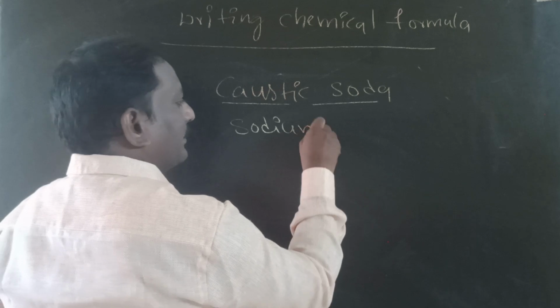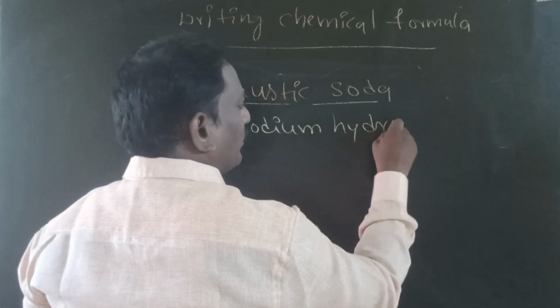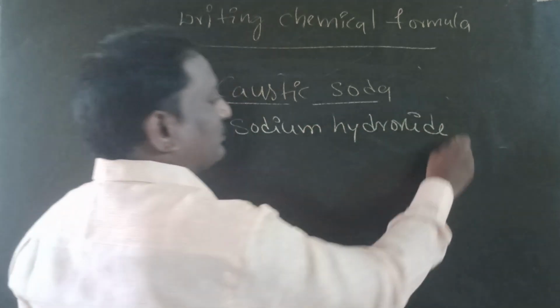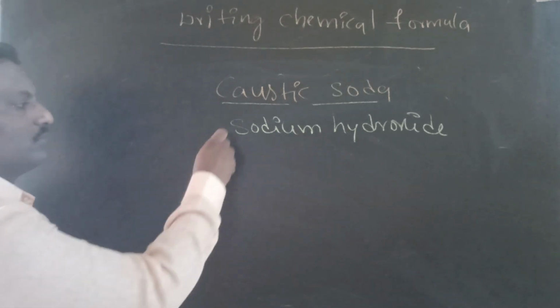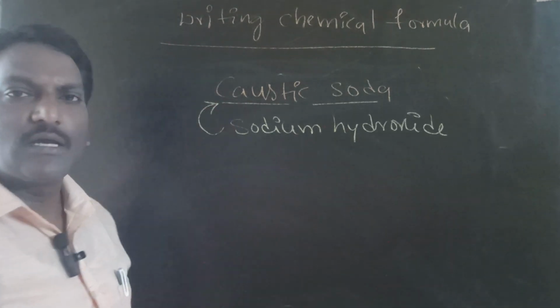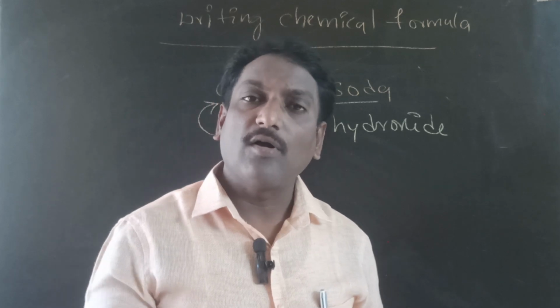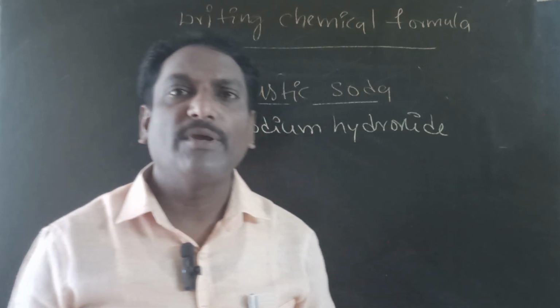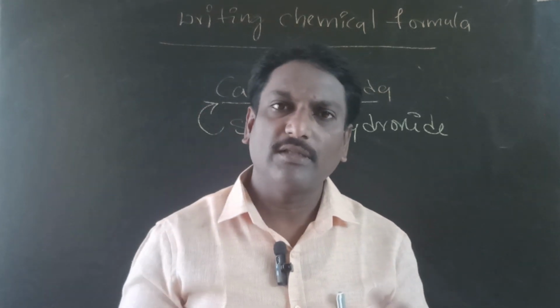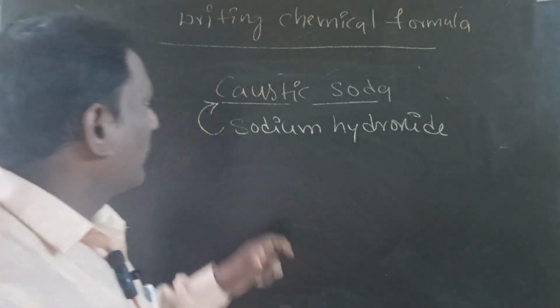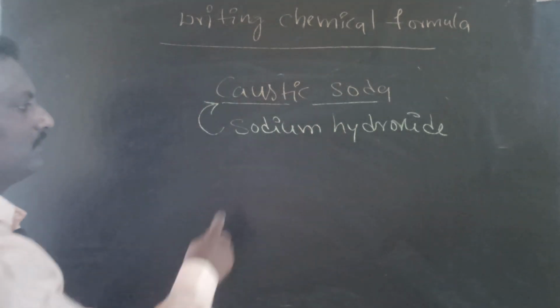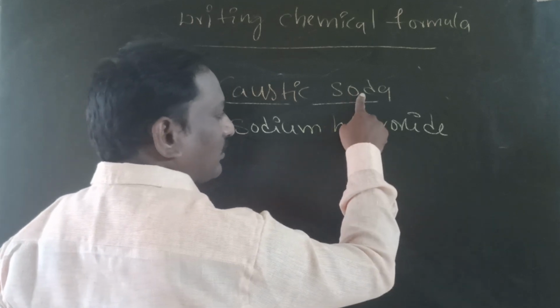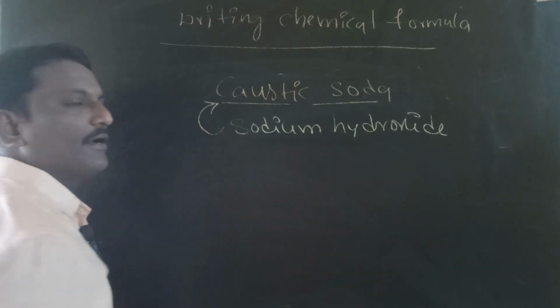Sodium hydroxide. So the common name is caustic soda. Please learn some compounds' common names as well, because based on the common names you will get questions in the examination. Caustic soda is a common name. The chemical name is sodium hydroxide.